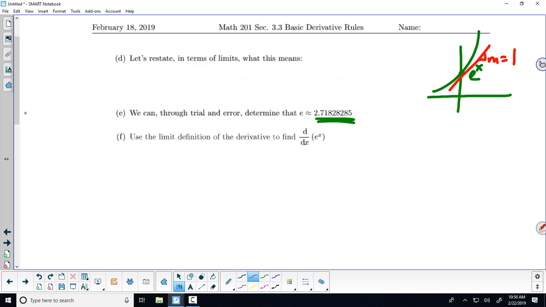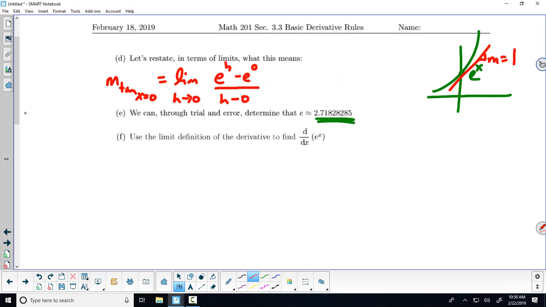Well, this means that if we look at the slope of the tangent line there at x equals 0, we would take that as the limit as h approaches 0 of e to the h minus e to the 0 all over h minus 0, right? That's how we'd write that. Sure.